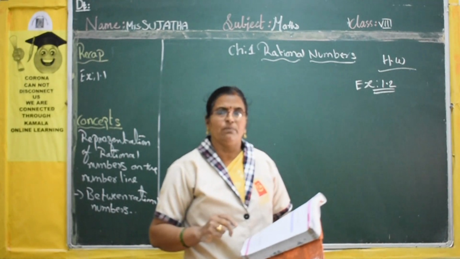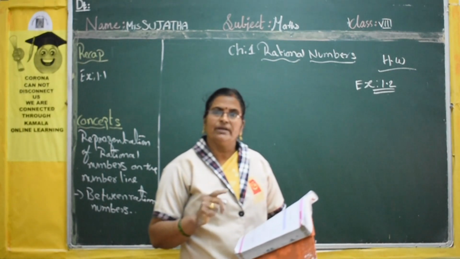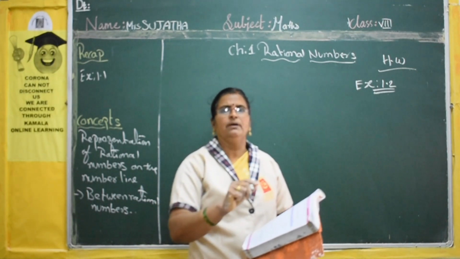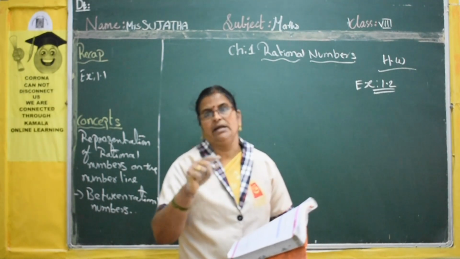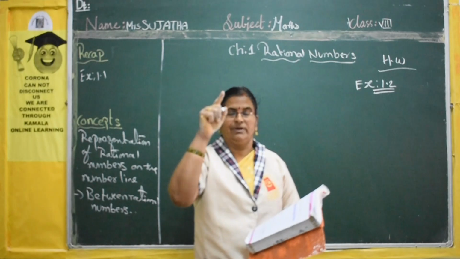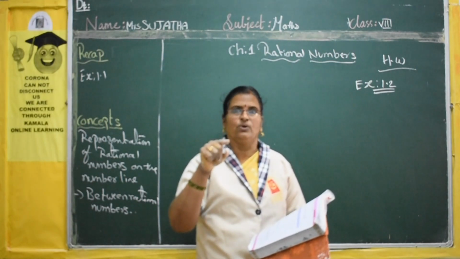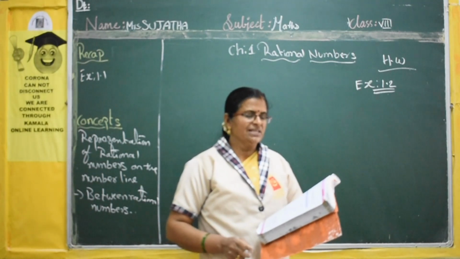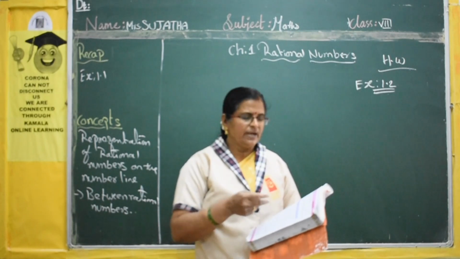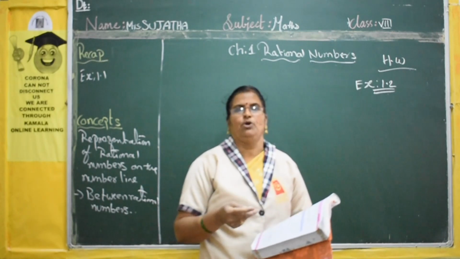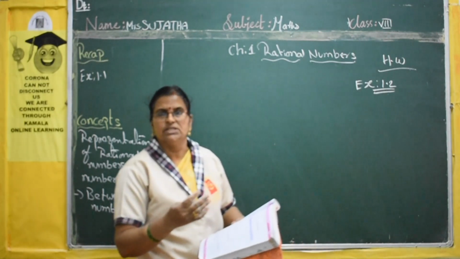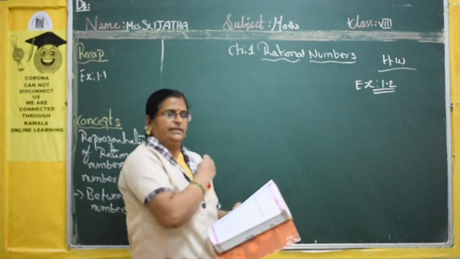Is 9 by 7 proper or improper? Improper. So what can we do? You can change it into a mixed fraction and write it, how I said 29 by 6, 29 by 4, no? Like that. Now minus 7 by 5. Minus 7 by 5 is also improper. That also you change into mixed and write on the left side.